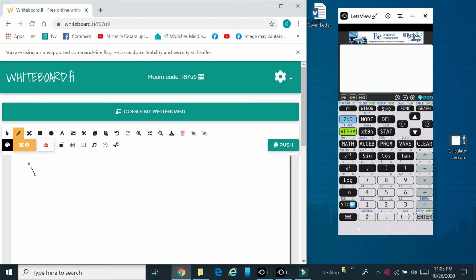So we're going to have number 1: square root of x equals 3. For number 2, we're going to have square root of y minus 6 equals 2.